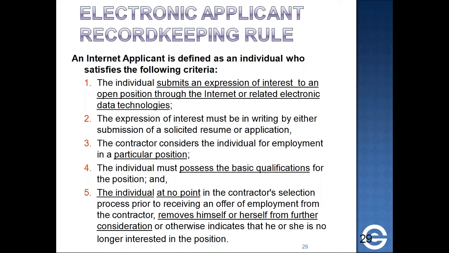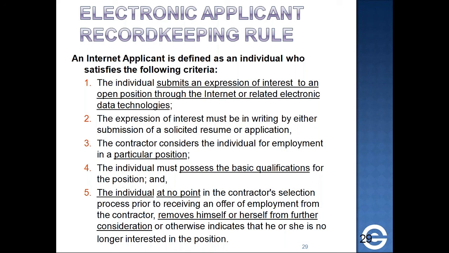They have to submit an expression of interest to a specific job title. Number two, the expression of interest must be in writing, so it should be either a resume and or application. You can do both. Number three, the contractor considers the individual for employment in a particular position.